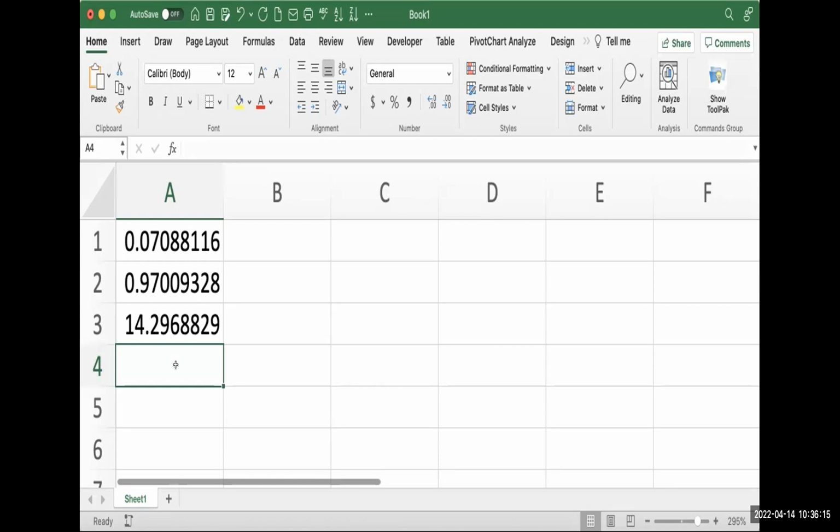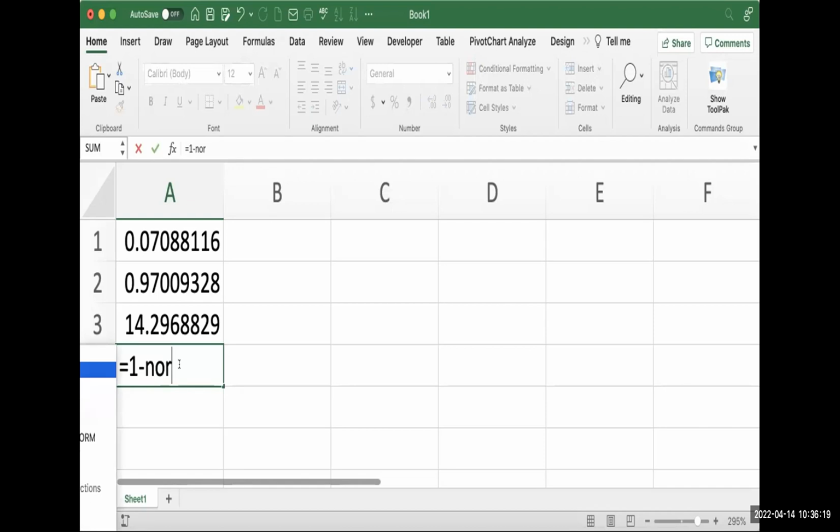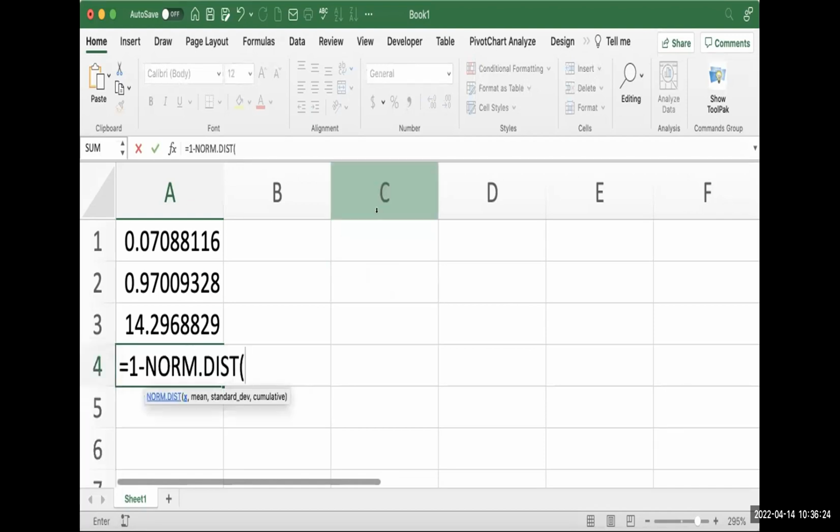And so let's type in 1 minus the normal distribution. We want to get rid of everything less than 4.5. The mean is 5.6, and the standard deviation was 1.2 divided by the square root of 11. And I want this to be true, cumulative.